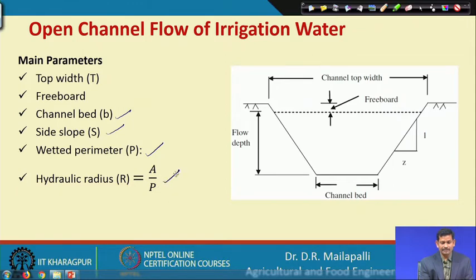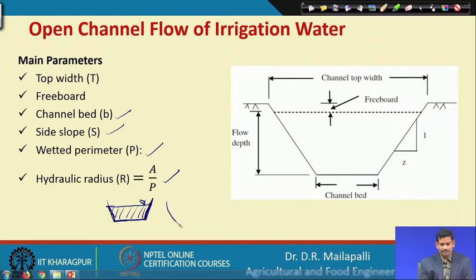So, the wetted perimeter: suppose you have a trapezoidal channel, and your water surface is lying on top. Your wetted perimeter will be this plus this plus this, only the wetted part.